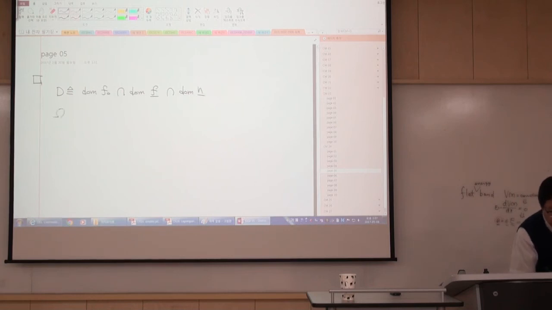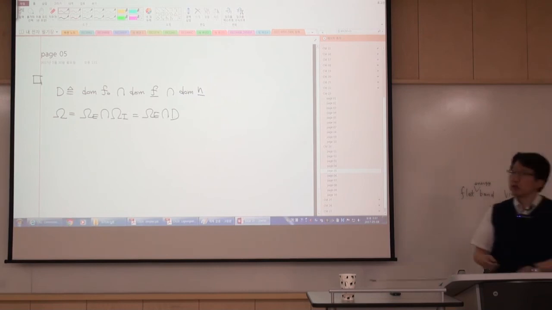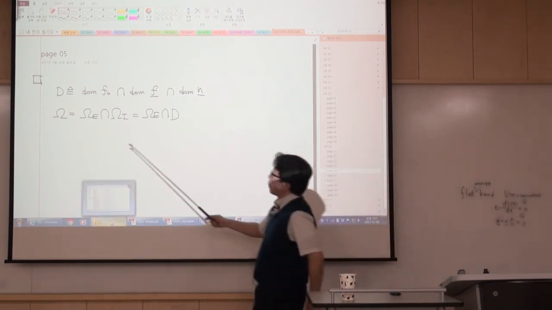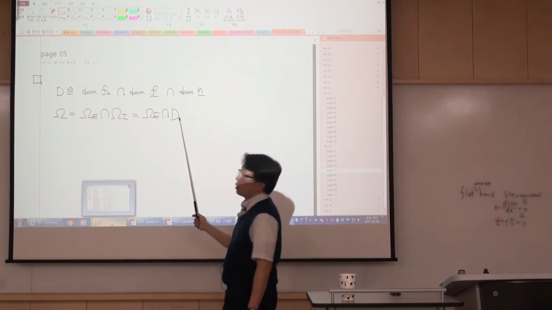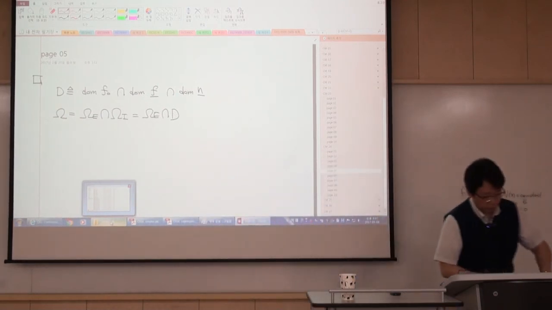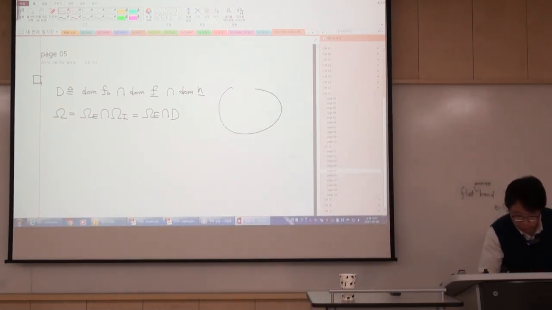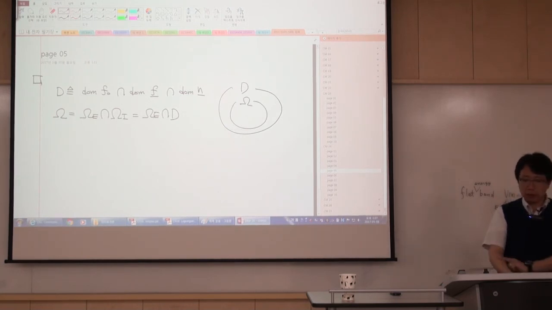Now, what is omega? Omega is omega explicit intersected with omega implicit. By the way, what is omega implicit? D, right? So omega is a subset of D. So this is D, and this is omega. Got it?